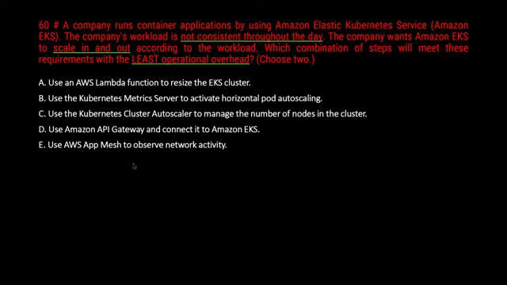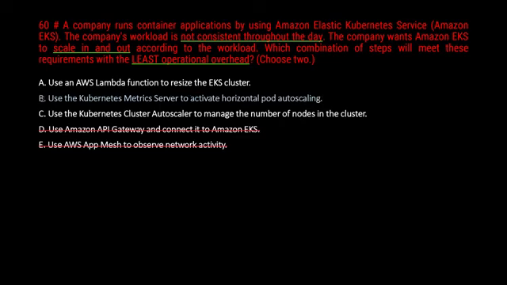Here we are talking about App Mesh to observe network activity. Again, let's not introduce anything new. They are talking about using Amazon API Gateway and connecting it to the same thing. Don't add anything new. So then we are left with three here. You can see use the Kubernetes Metrics Server to activate horizontal pod autoscaling.